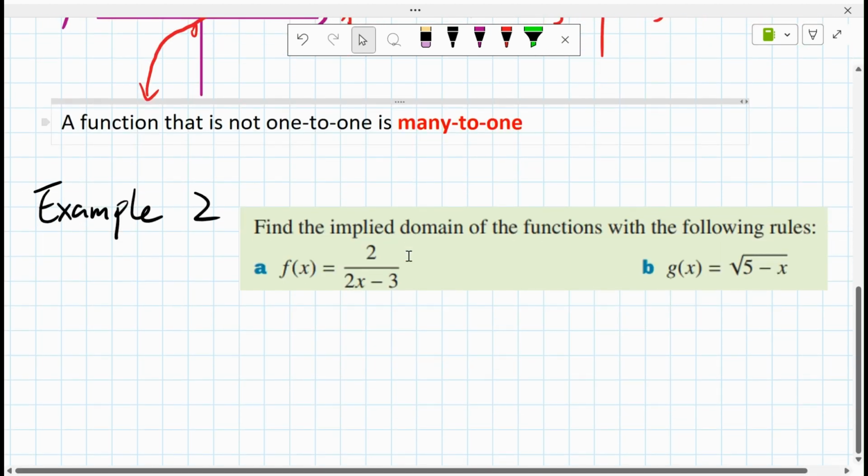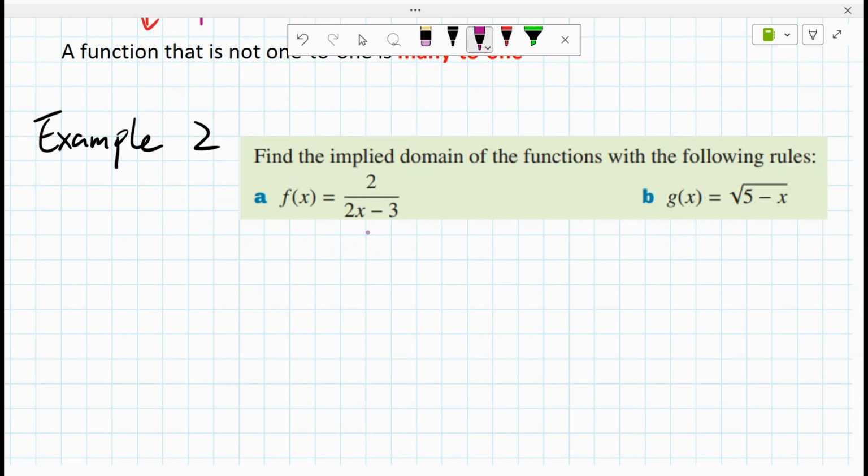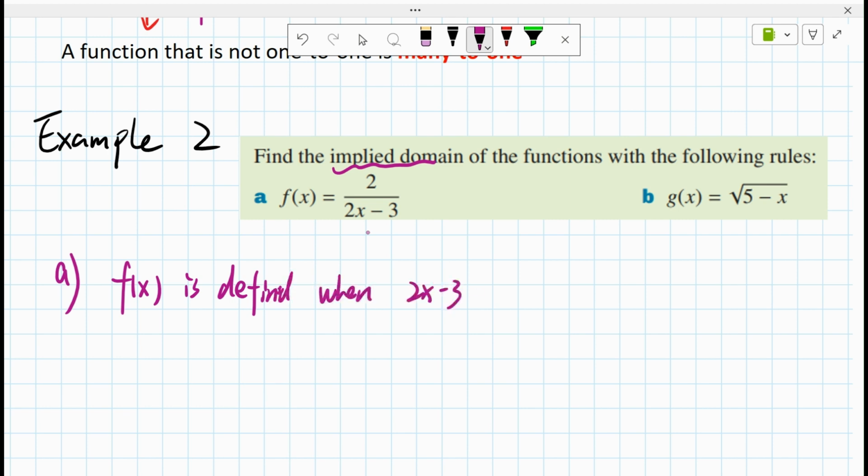And for example 2, there's the implicit domain function with following rules. Let's have a look at the first one. We know the implicit domain is what the question asks you about the domain. For this question, we could write the function f(x) is defined when 2x minus 3 is not equal to 0.